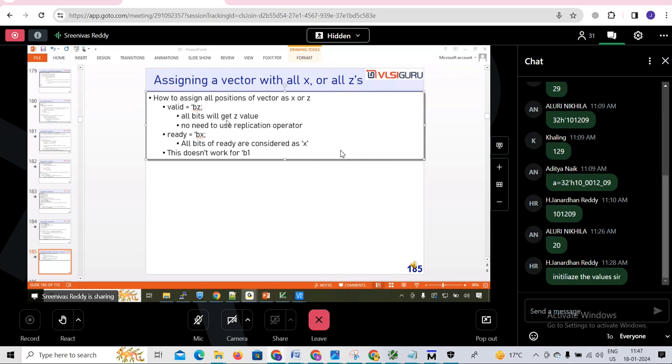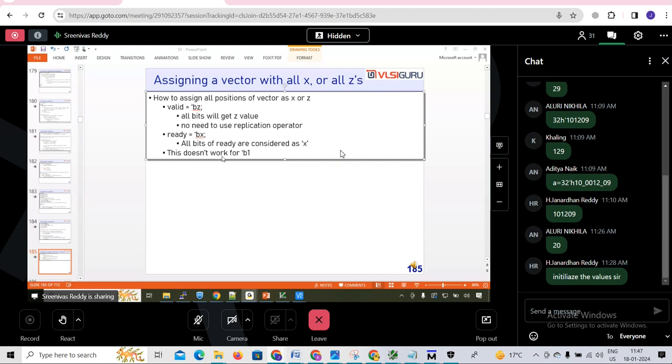If I want all bits to get z, just write tick bz. You don't need to give the size. Z always gets extended as Z in the MSB. X always gets extended. If I want all zeros, just 0 or tick B0, both are same.